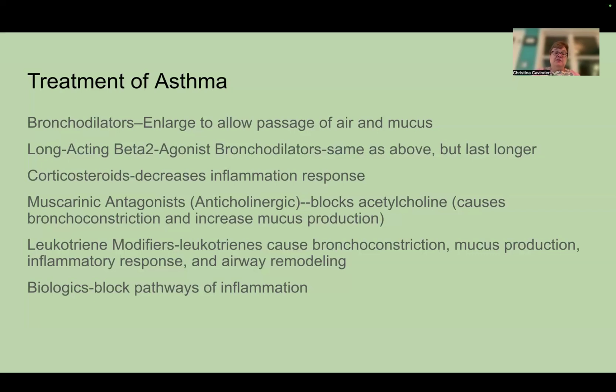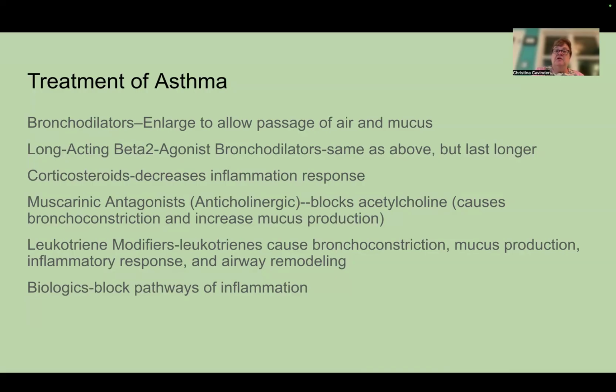To treat asthma, we use medications that open the airway. Bronchodilators will open the airway so that you can remove mucus and get more air exchange. When we talked about RSV, remember we're talking about the tiny bronchioles, so bronchodilators won't open those.